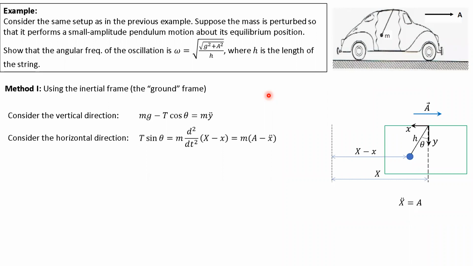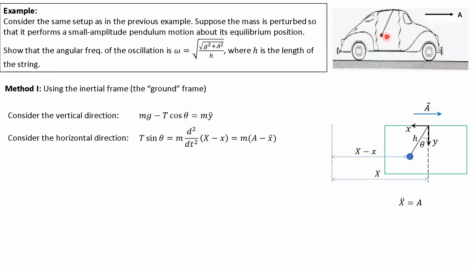This example uses the same setup as the last example. The whole thing is also already accelerating. But this time I make this mass perform a small oscillation like this.